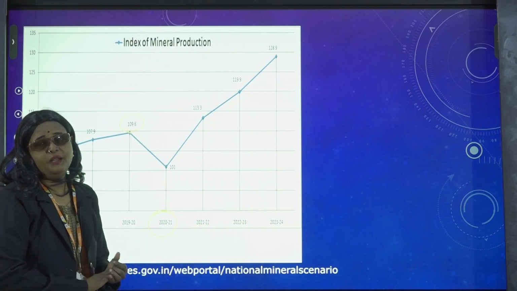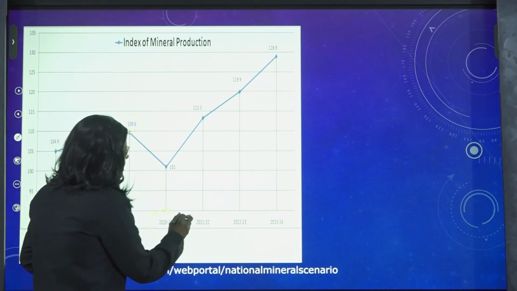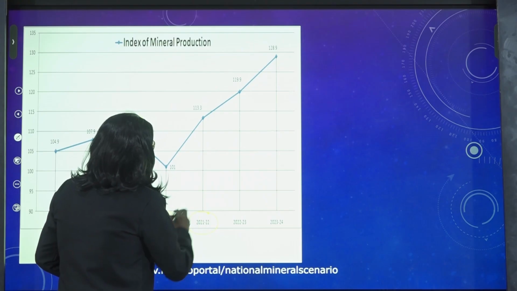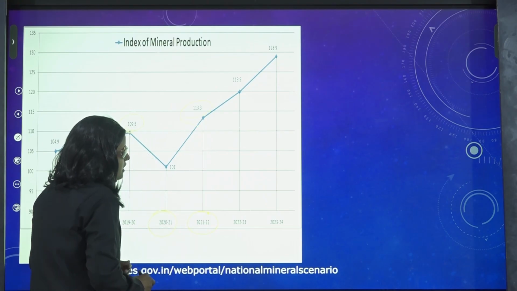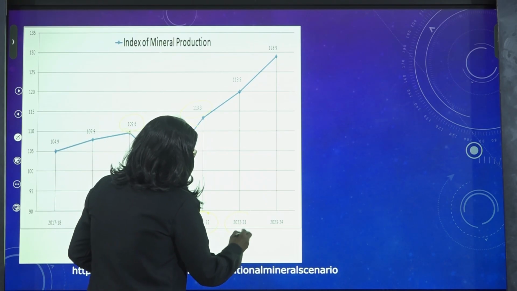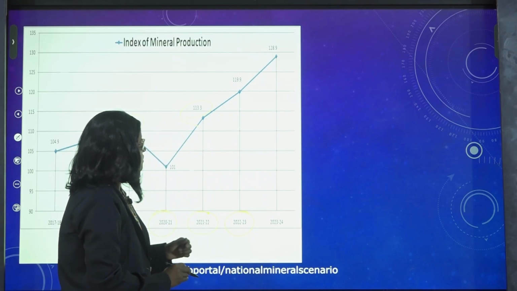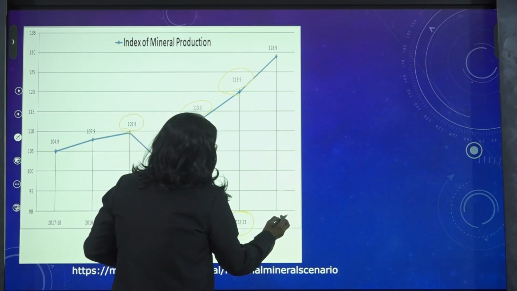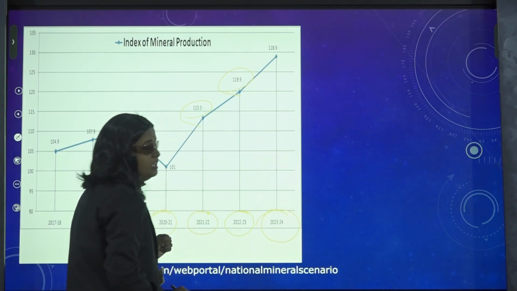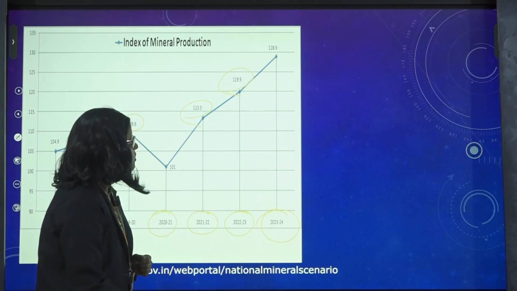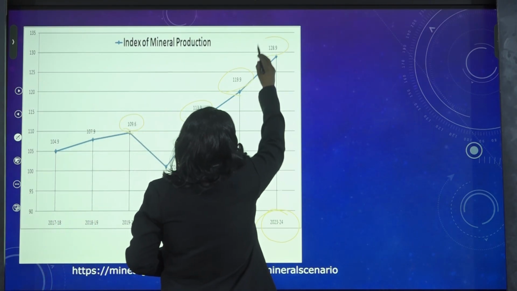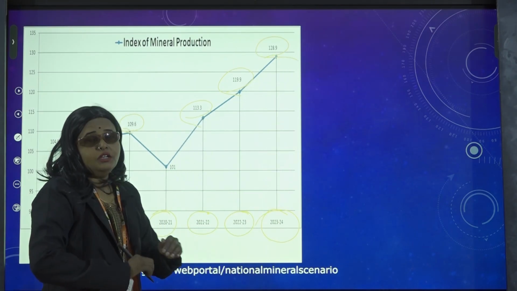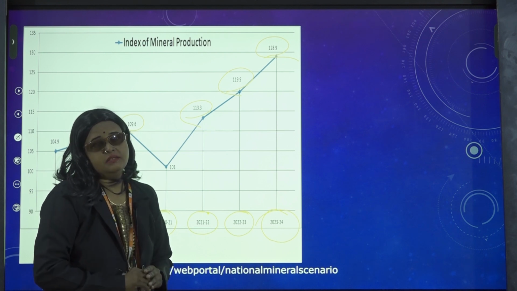Everybody knew the pandemic, right? So, in the year 2021 to 22, 113.3 and coming to 2022 to 2023, 119.9 and if you see in 2023 to 2024, it is 128.9. You are seeing there is an increase.